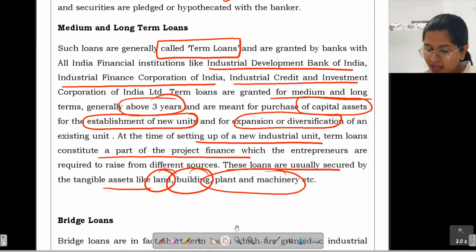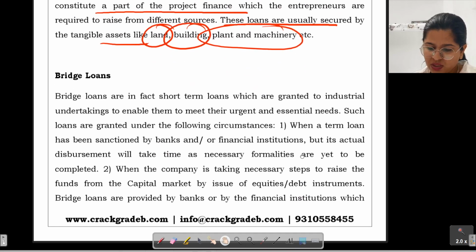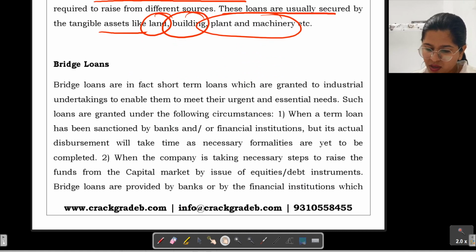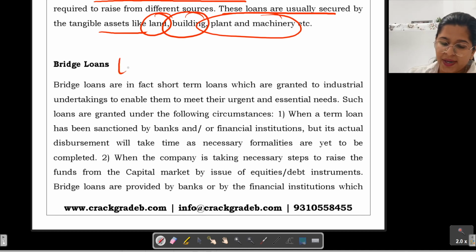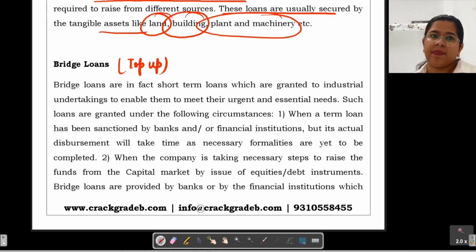Okay, now next we have bridge loans. So bridge loans, if I have to talk about it in an easy manner, it is a simple top up. So what do we mean by top up?